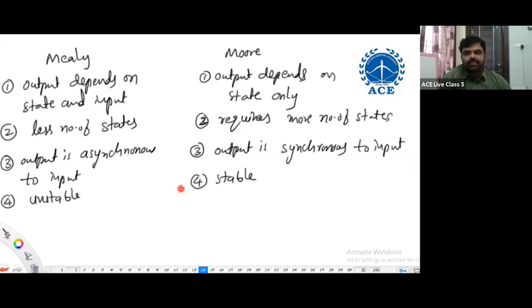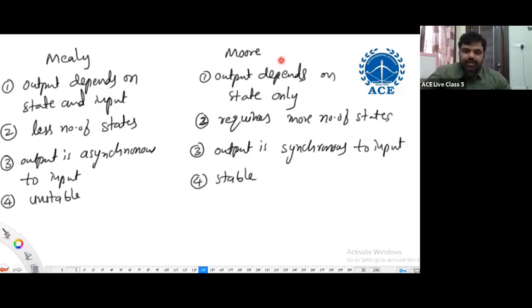Wherever changes occur in inputs, they can change the output in Mealy. But a Moore output changes only at the next clock occurrence. If you want to change the output of a Moore system, you have to wait for the next clock. Even though there are changes in input X in this clock cycle, it is not responding to those input changes immediately.